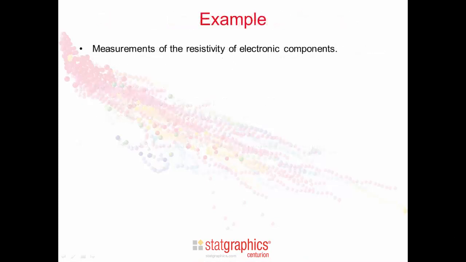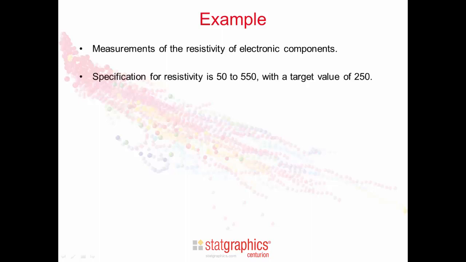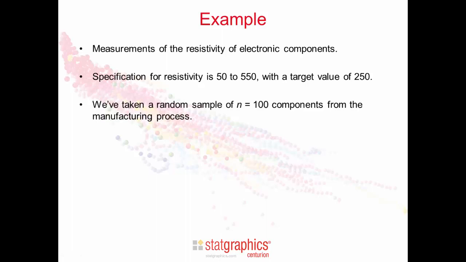As an example, we're going to look at some data from a manufacturing process that measures the resistivity of electronic components. The specification for resistivity is 50 to 550 with a target value of 250.